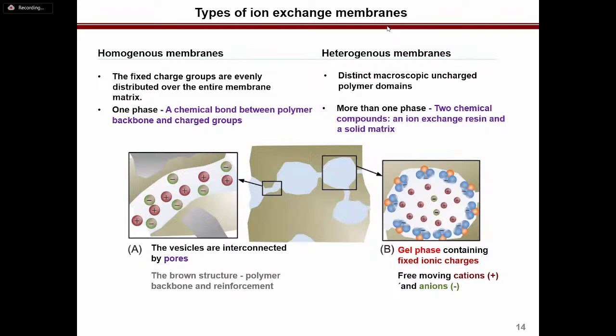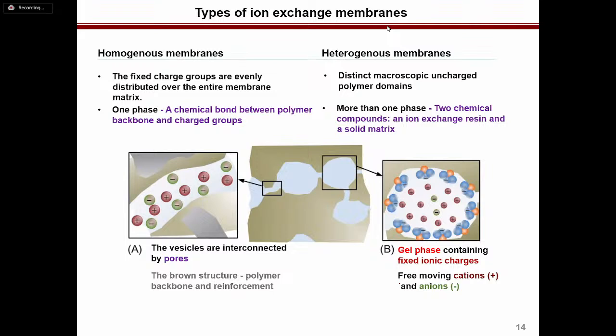Generally, the homogeneous membranes are very conductive. Now if I say conductive, you also need to know the properties of ion exchange membranes, but we will come to that later. The resistance of the homogeneous membranes is very low. But the heterogeneous ones are less conductive, with very high resistance, but they are mechanically strong.